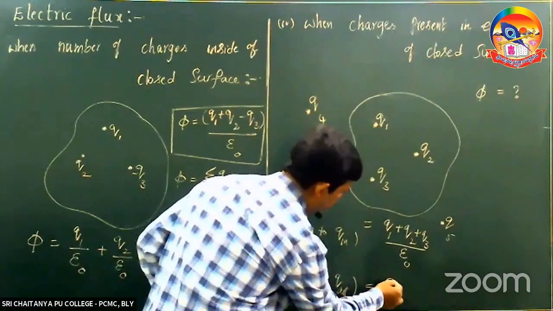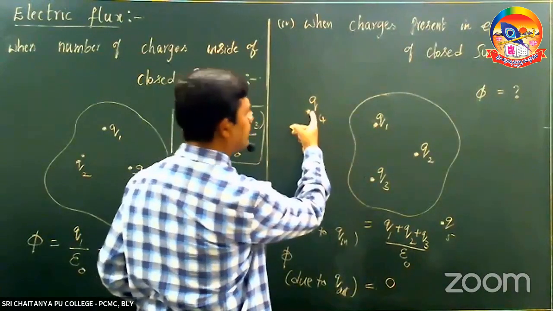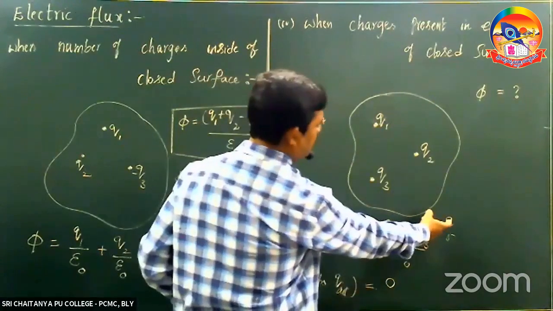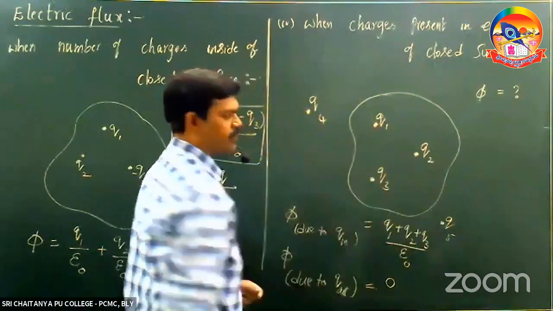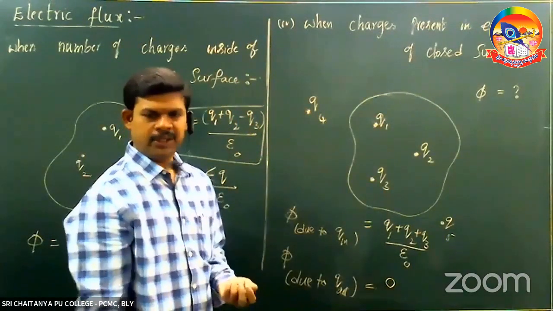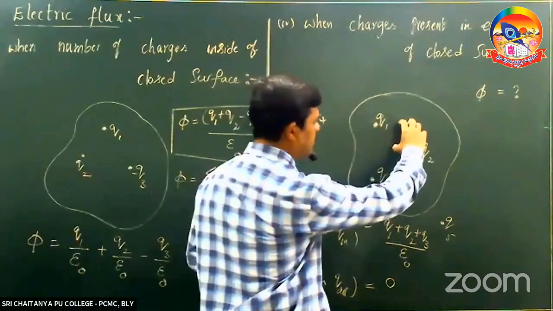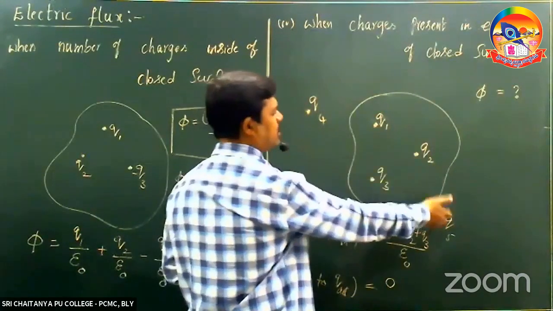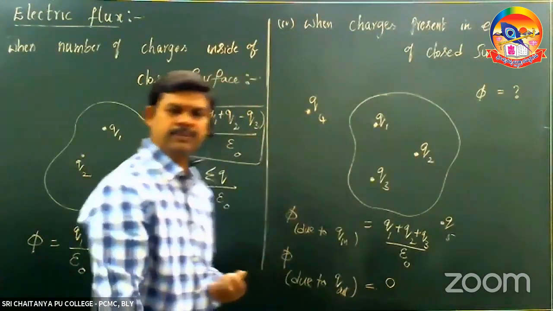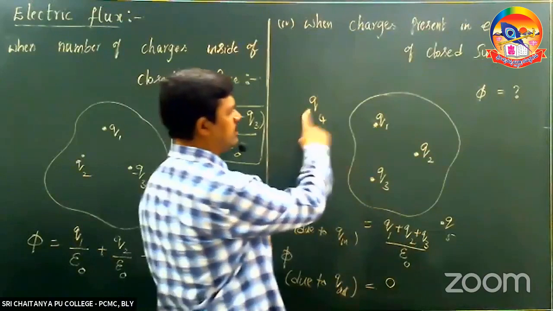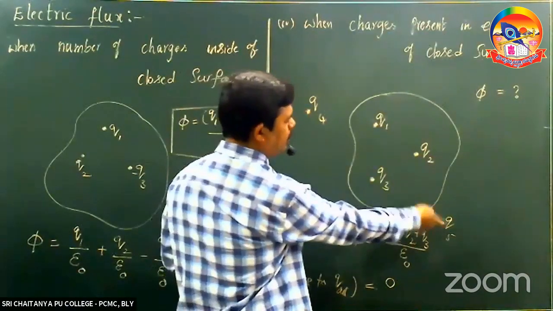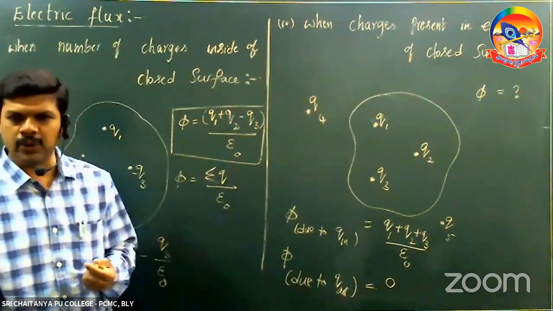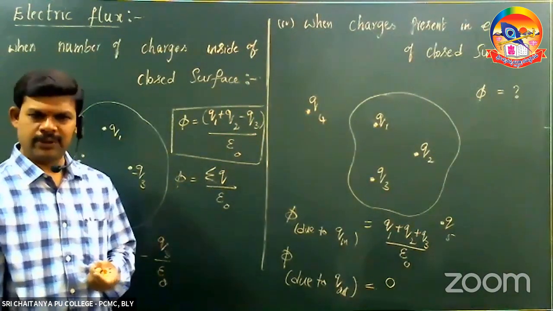This one is also outside. The flux due to this charge linked with this closed surface is 0, because whatever lines come in, those lines go out. So due to this charge, flux linked is 0, and due to this charge, flux linked is 0. Total flux due to outside charges is 0.